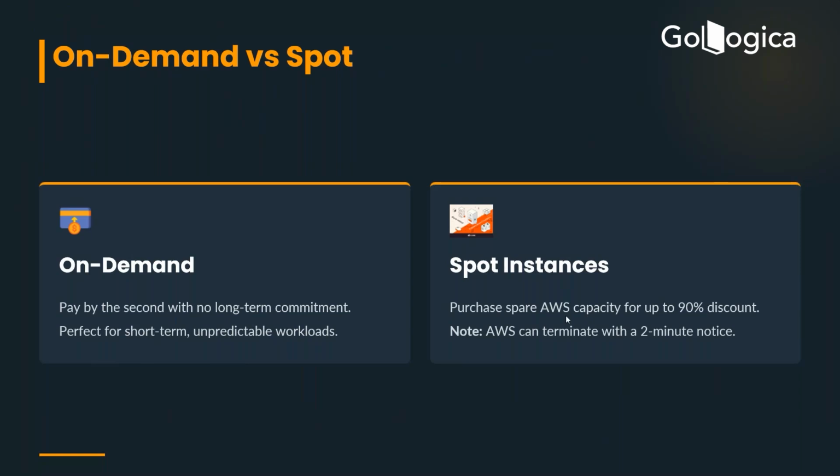So those spare or idle resources, AWS gives them up at up to 90% discount as spot instances. But the trick here is, if AWS has a requirement, it can terminate these with a 2-minute notice.